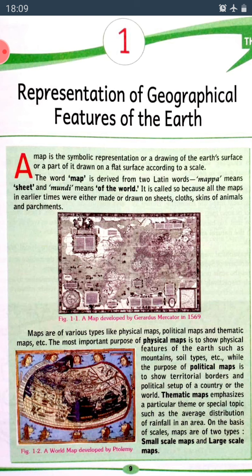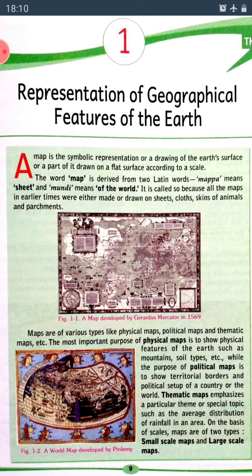Now there are different types of maps based on different categories. So maps may be physical map, political map and thematic map. So first of all, what is a physical map? Physical maps are those maps which show different physical features of the earth on a map.